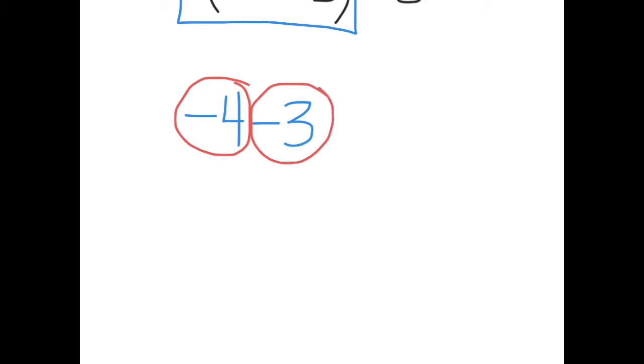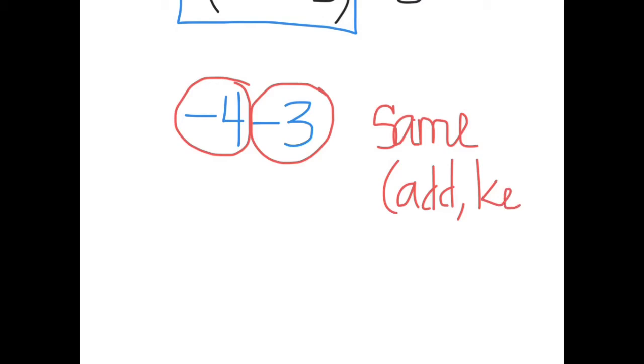So tell me, are the signs the same or are they different? Yes, the signs are the same. And when the signs are the same, you add and keep. You're going to add the two numbers together and keep the sign. So 4 plus 3 is 7, and I'm going to keep the sign, so it's -7.